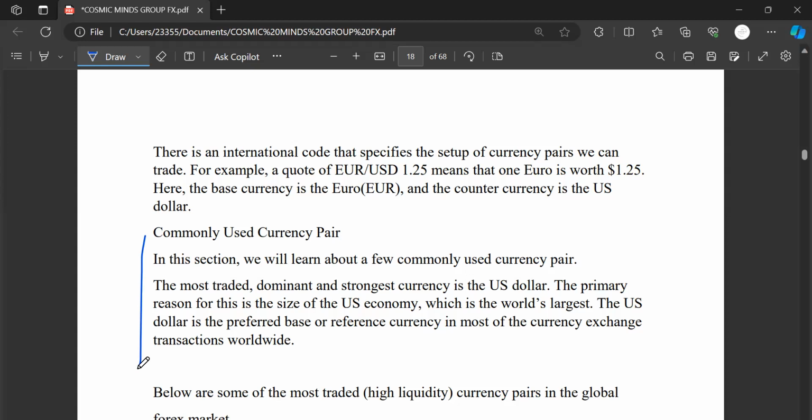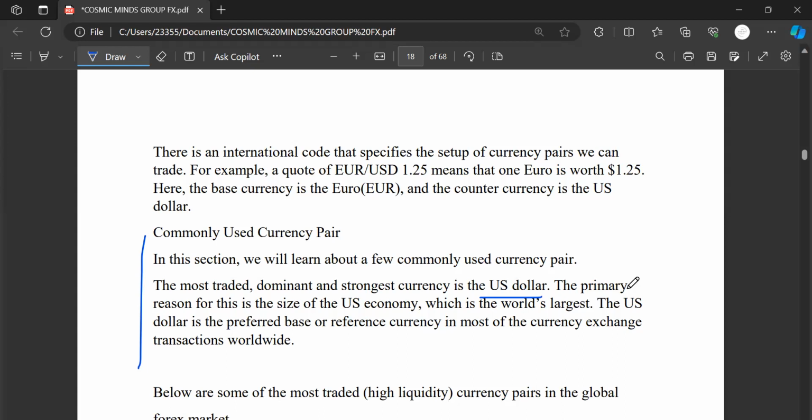The most traded, dominant, and strongest currency is the what? The US dollar. In fact, with the history of money, gold, and then forex, we looked at USD briefly. I think we are in episode 2.